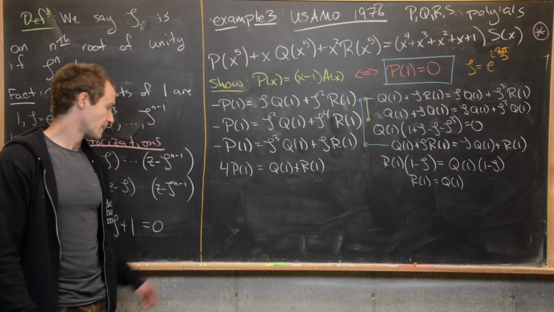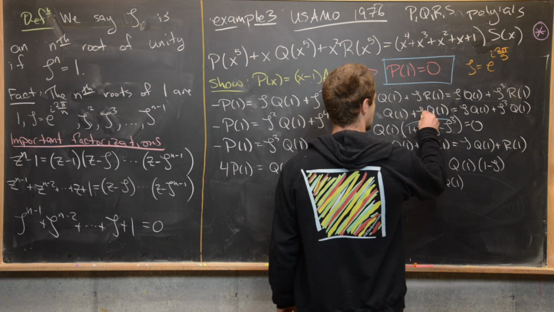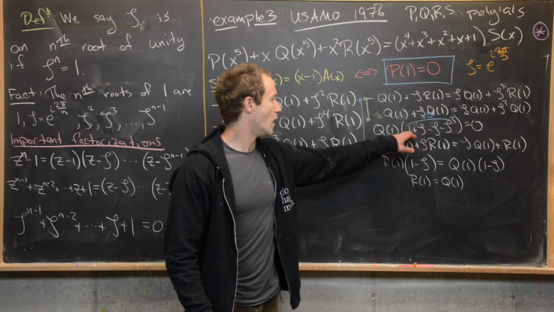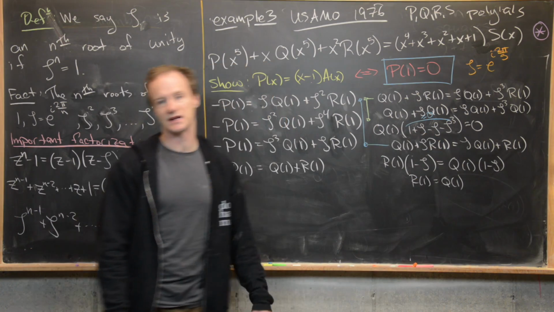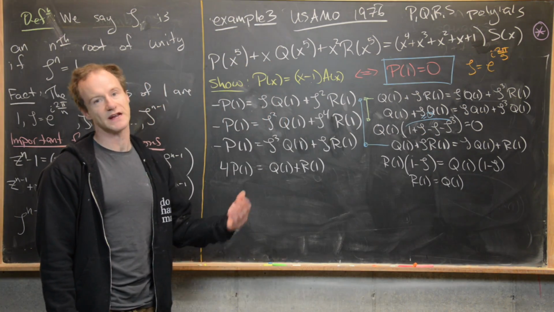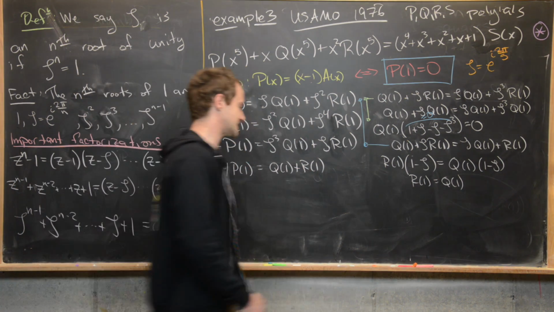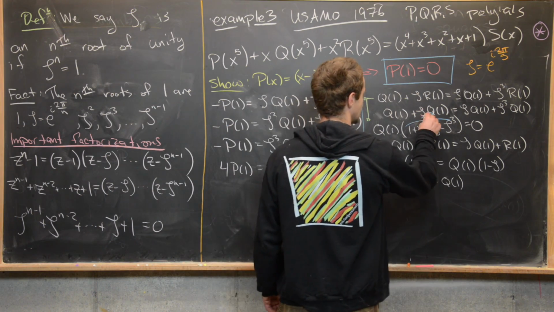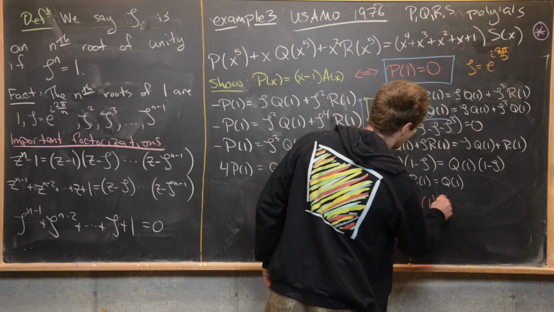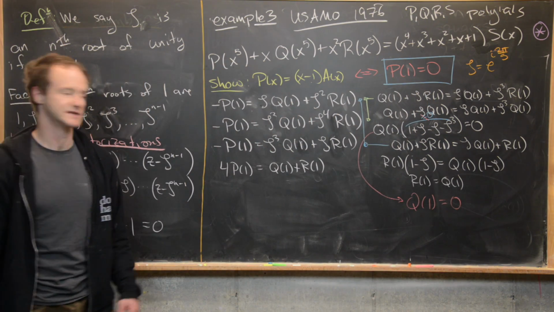Good. But then we know as a fact this is not equal to 0. Again, we've got zeta minus zeta, so that is 0, but then we've got 1 minus zeta cubed, but we know zeta cubed is not equal to 1 because it's a fifth root of unity, so that means this thing right here is not equal to 0, which tells us that q evaluated at 1 must be equal to 0.